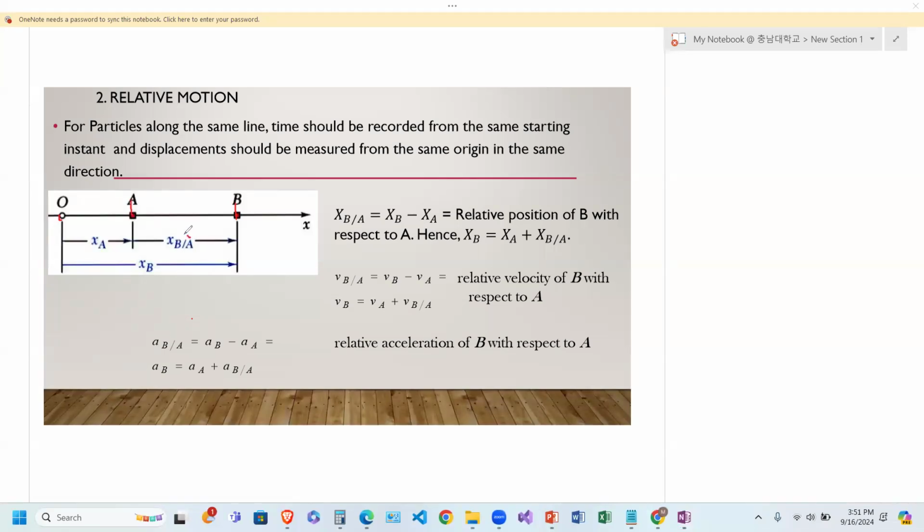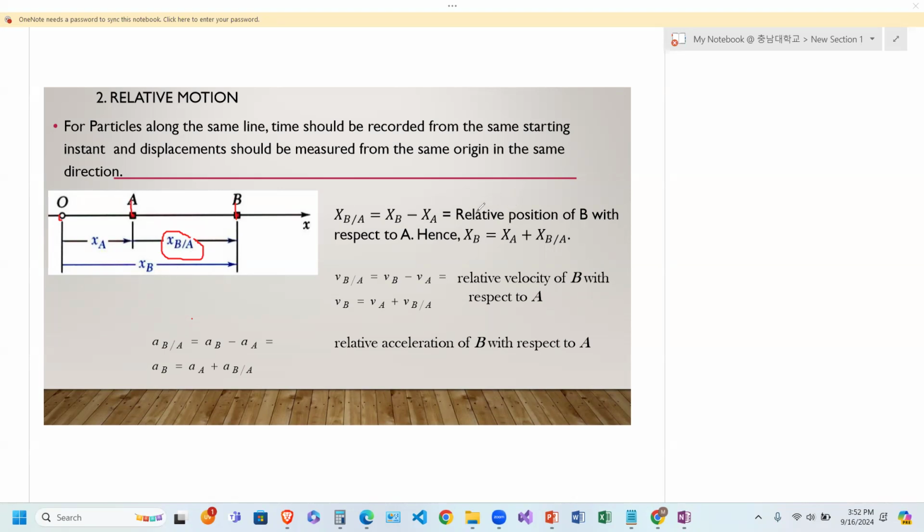This is called the distance of B relative to A. The displacement of point B relative to A, X subscript B over A, is given by the difference between XB and XA.